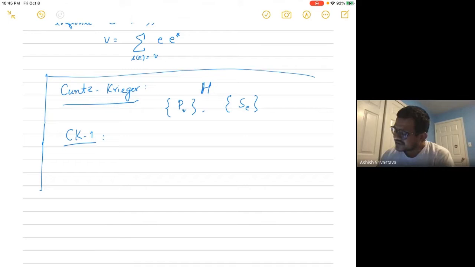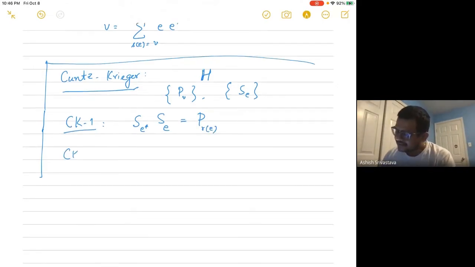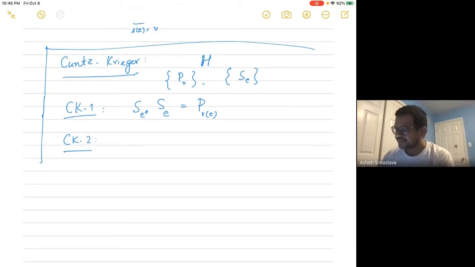Originally these conditions were introduced in the context of graph C star algebras in the following way. CK1 means S_e star S_e equals the orthogonal projection on range of e. And CK2 in the theory of graph C star algebras reads as follows: if again v is a regular vertex, then P_v, the orthogonal projection on that vertex, is the sum of S_e S_e star.